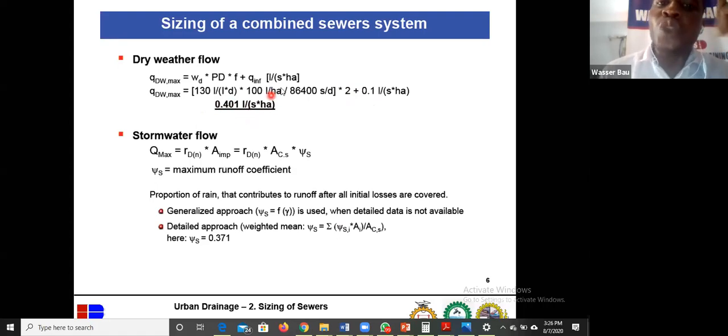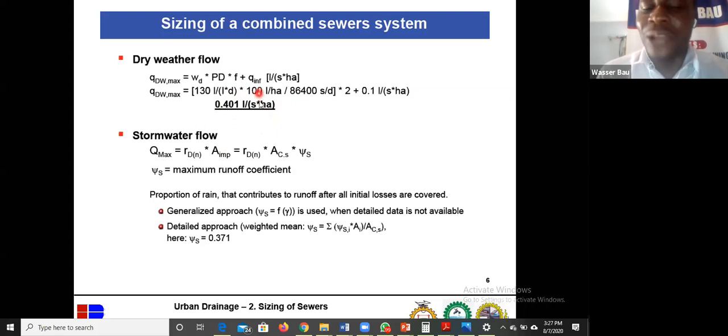But because we are working based on land use, we now got the value in liters per second per hectare. The next thing we need to do is, for each area, we multiply by the hectare. If we multiply by the hectare, we will get the exact discharge going into that pipe. So you can assume this to be like a specific discharge per hectare.